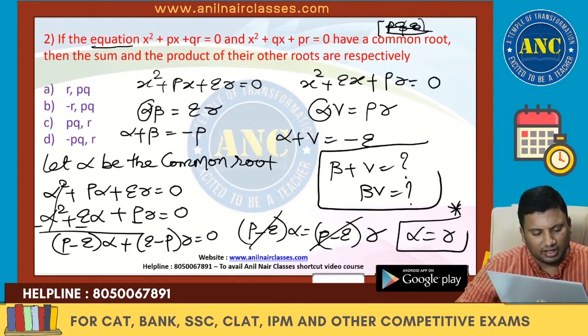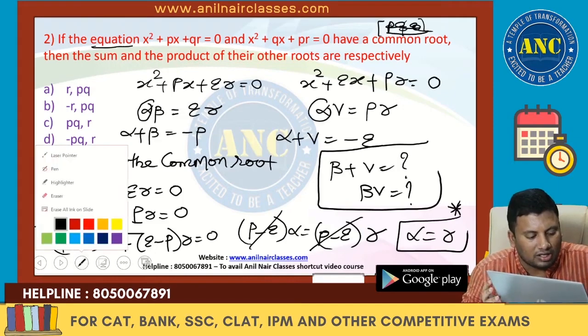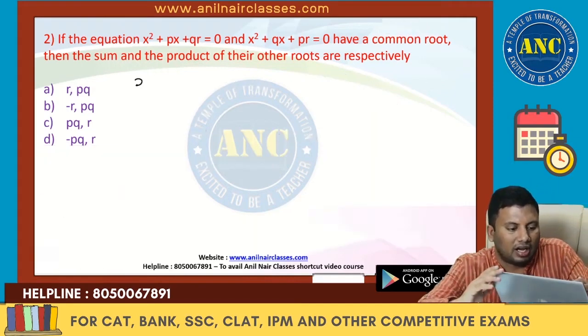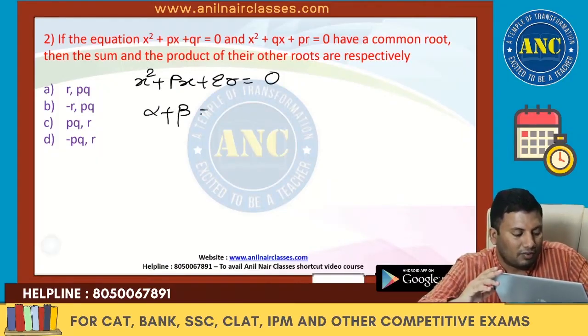So what is it that we got? Alpha is nothing but r. Now, once alpha is r, for x square plus px plus qr equivalent to 0, we take the product of the roots.